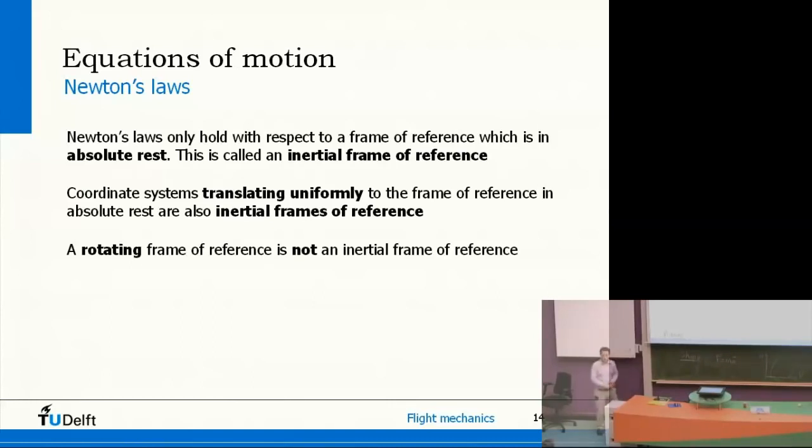But that's an important observation, because an aircraft which may be pulling up is, of course, going around the corner. So in that case, an axis system fixed to an aircraft is not in an inertial frame of reference anymore. So this is the basics.